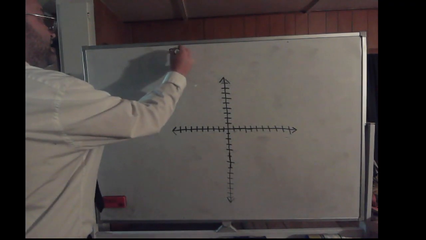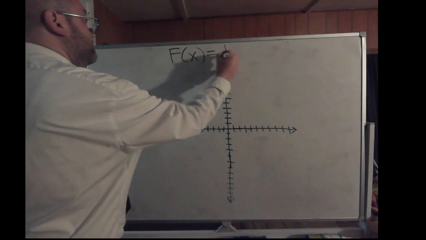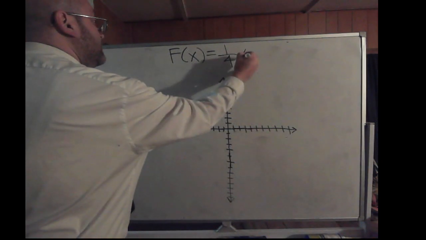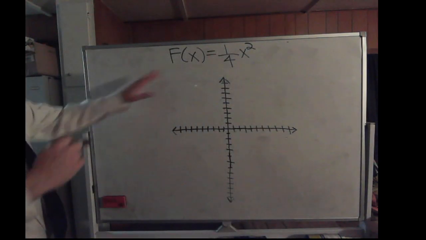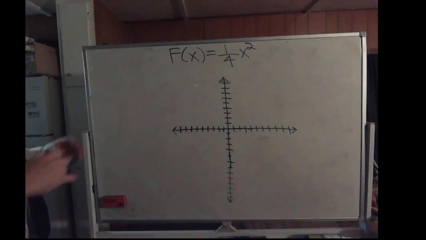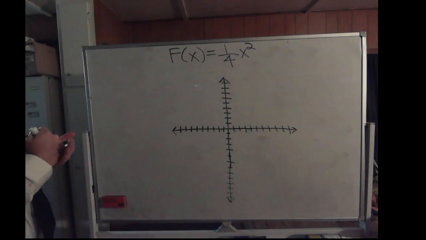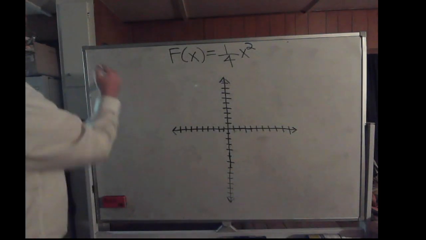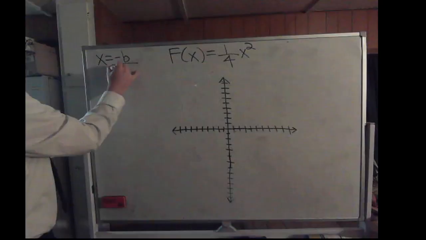Alright, let's see. F of x equals 1/4 x squared. Well, again, start by finding the vertex of the function, which is going to have x equals negative b over 2a.